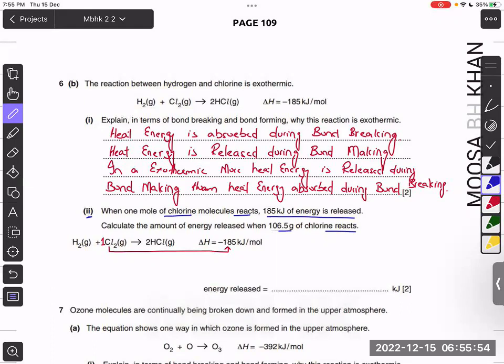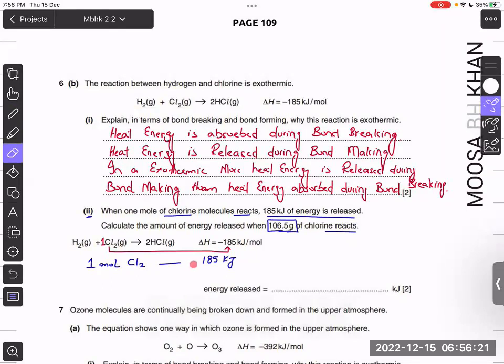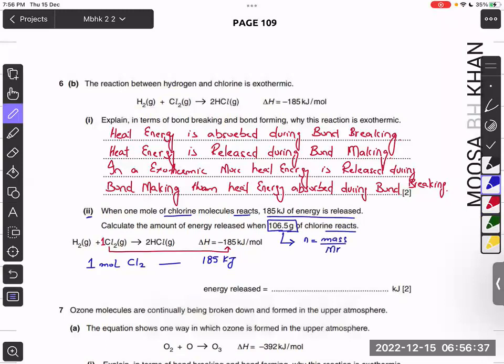So if you want to find the mass of 1 mole of chlorine, in the question they have given mass of chlorine, or you can do this question like this as well कि अगर मैं इक्वेशन देखूं तो 1 मोल chlorine gas releases minus 185 kilojoules of energy, right? साइन यूज करने की जरूरत नहीं है, वैसे सिर्फ 185 लिख लो अभी क्योंकि कैलकुलेशन कर रहे हो. अच्छा, 106.5 ग्राम ऑफ क्लोरीन के मोल्स कितने होंगे? फॉर्मूला है ना नंबर ऑफ मोल्स मास ओवर एमआर. क्लोरीन का एमआर कैसे निकालेंगे? क्लोरीन गैस का फॉर्मूला है Cl2. यहाँ 2 क्लोरीन, yes, atomic mass of chlorine is 35.5 gram, so this is equals to 71 gram.